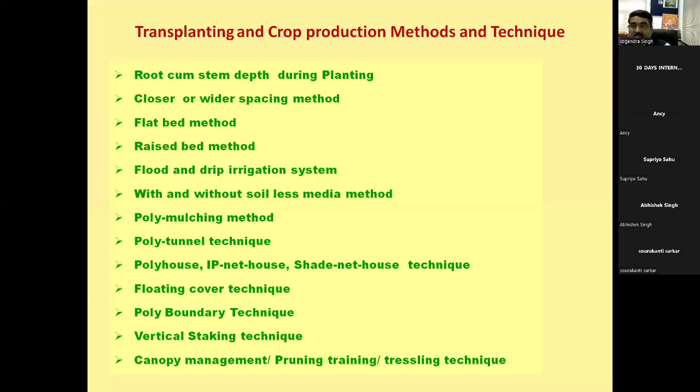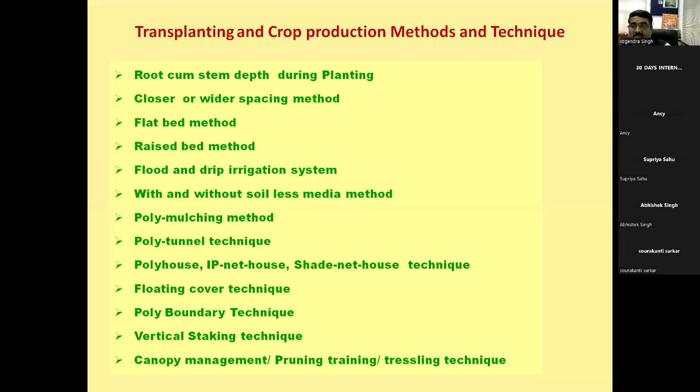You can see here the production per 1000 square meter area: nearby 300 quintal we can receive. The basic unit is 30 to 35 kg of tomato per square meter under protected condition, and you can maintain the crop from August to June.